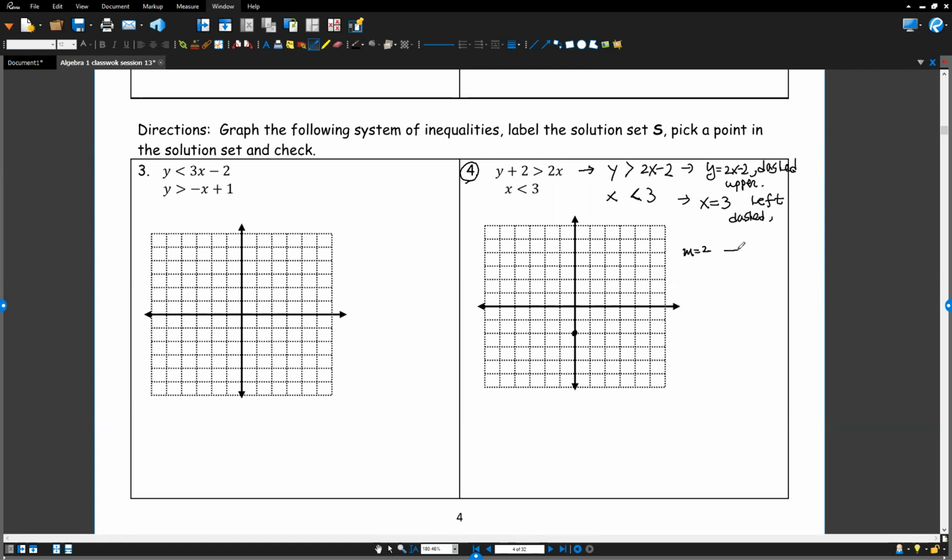Slope is 2, which means 1 right, 2 up. That is the next point, and the next point. Down over here, and another 2 more points there. The line is dashed. We know that the upper part is the solution set over here.